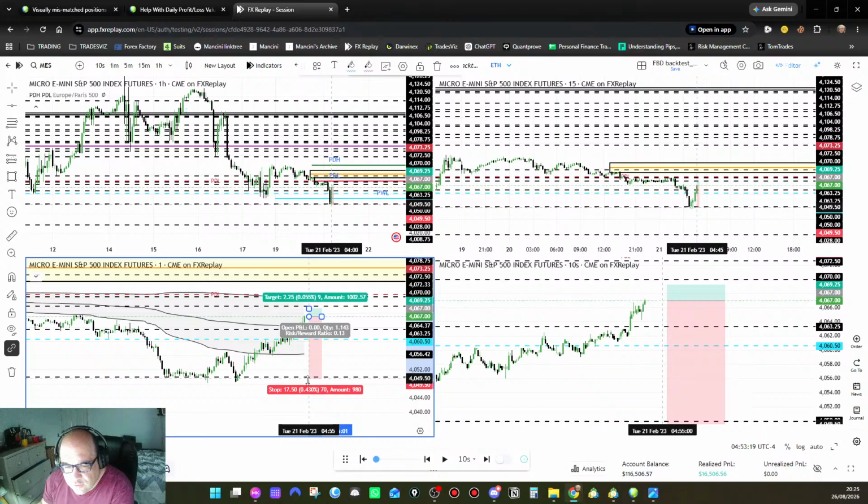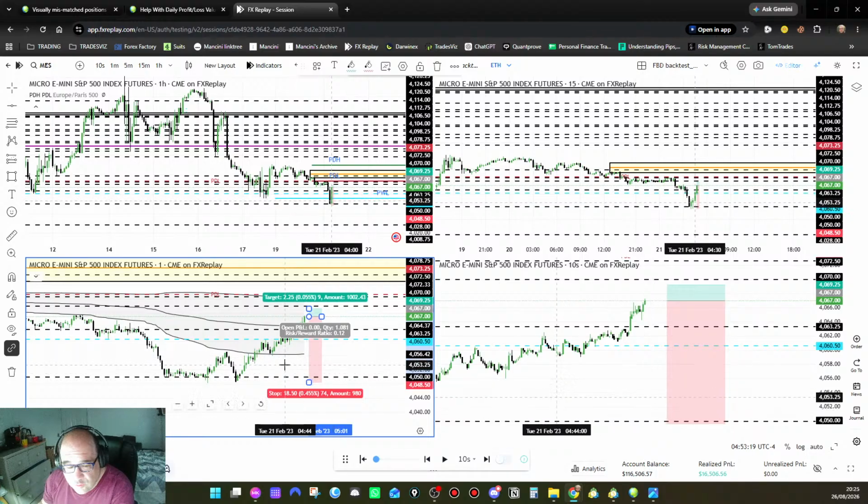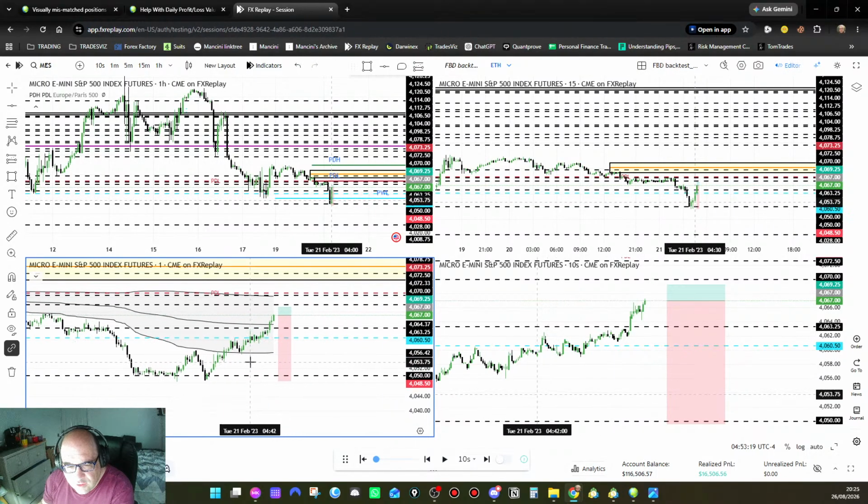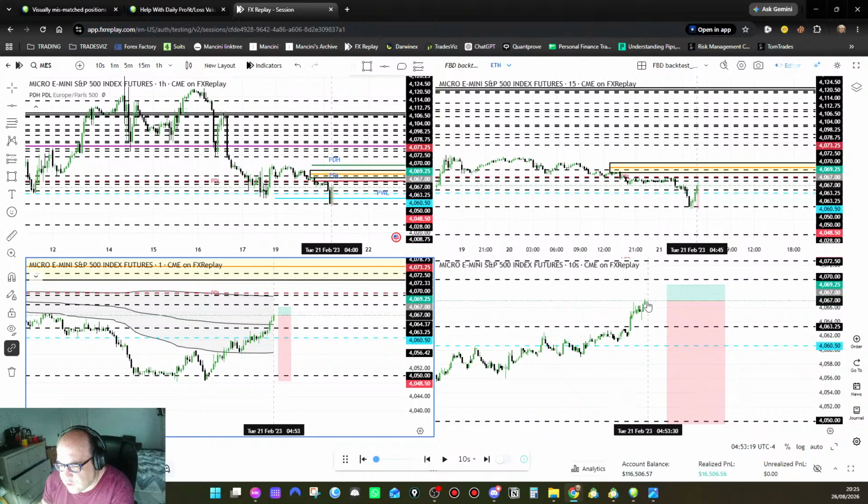See 5 points below the lows. Actually, to be honest, I could have entered earlier about here when we see here we see a fail to sell. So in theory, I could enter here, 6 points below.